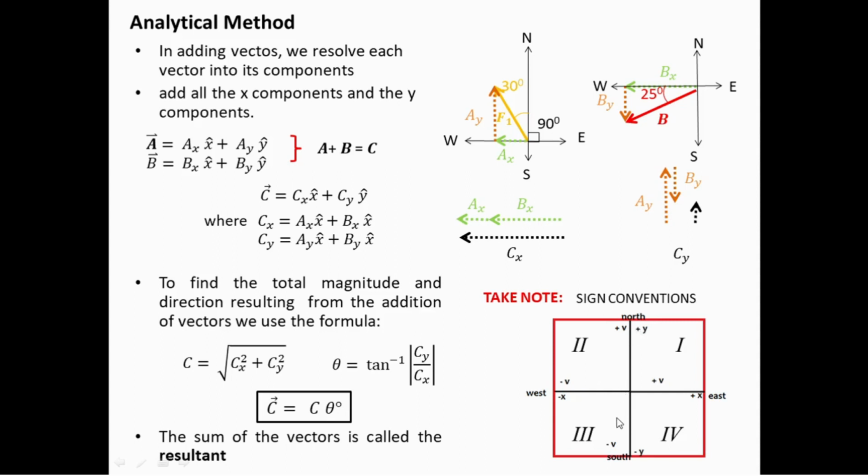If it is found in the third quadrant, that means that it has a negative x component as well as negative y component. And if it is found in the fourth quadrant, that means that it has a positive x component while it has a negative y component. So you have to take note of these sign conventions.